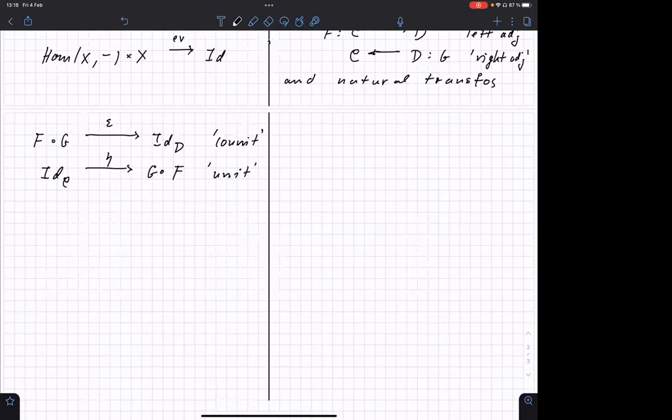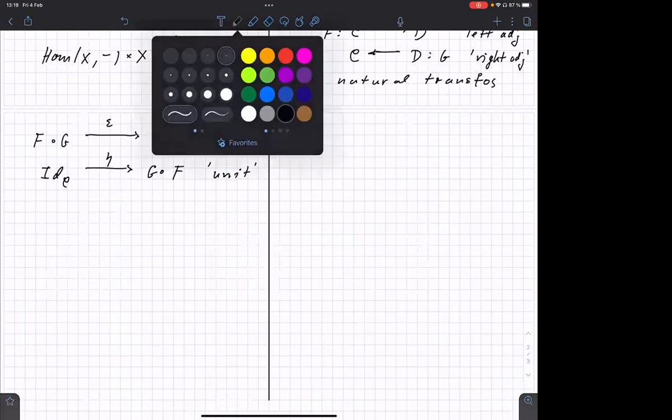Okay, so the way I remember which way they go is that here, when you read it off from left to right, the left adjoint functor appears on the left, and here, the one in which the right adjoint functor is written second appears on the right.